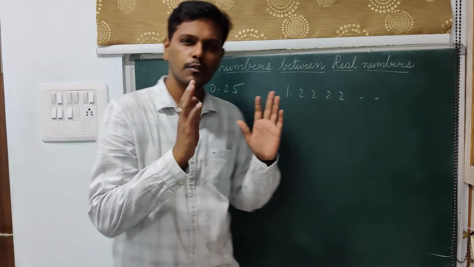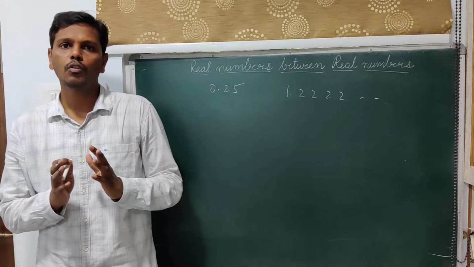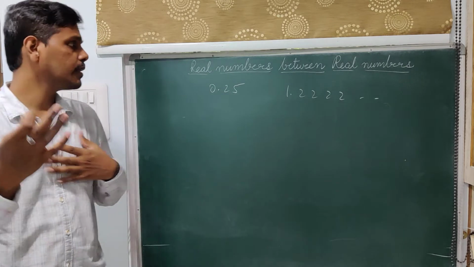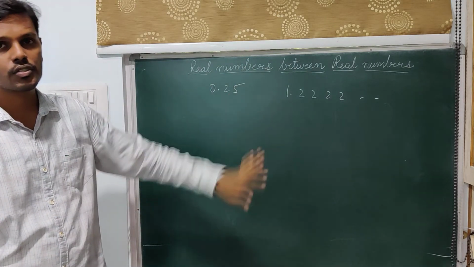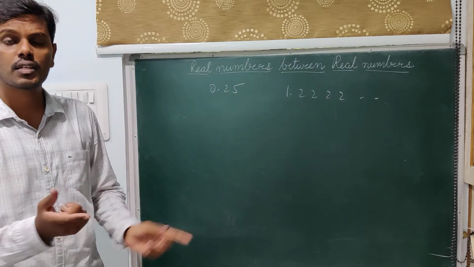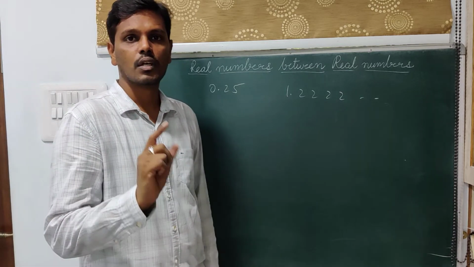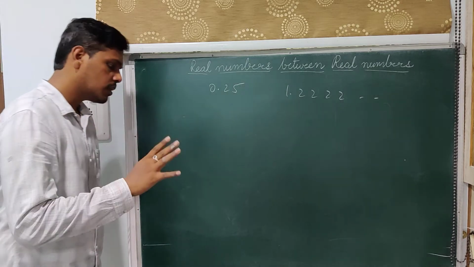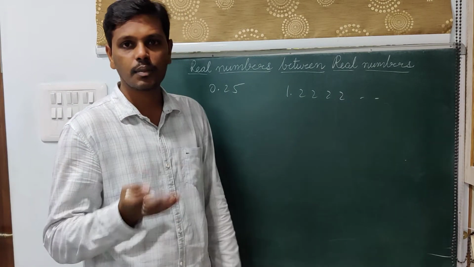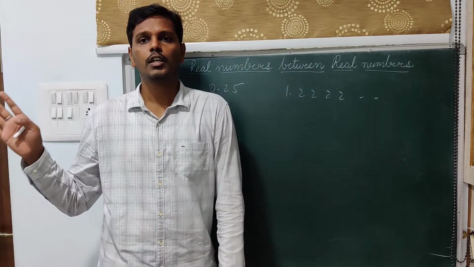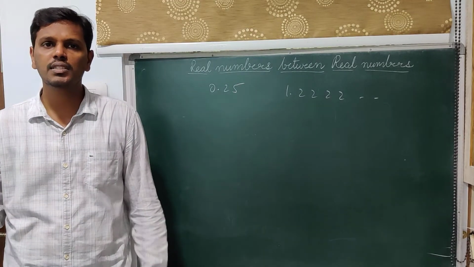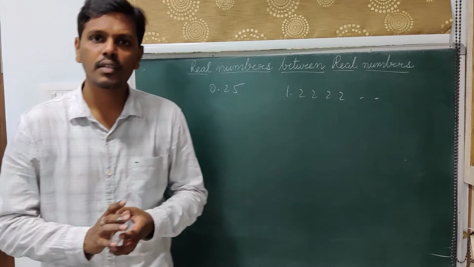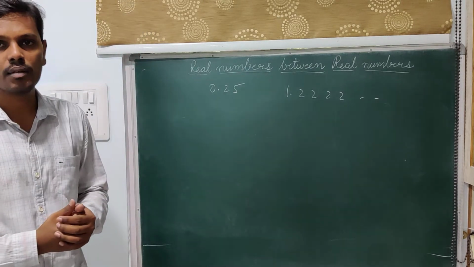So decimals give you a fair idea of how to find rationals between rationals and irrationals between irrationals, as well as rationals and irrationals between rationals and irrationals. If we have clarity of what are terminating and non-terminating repeating decimals, and what are non-terminating non-repeating decimals, you can easily find as many rationals or irrationals between any two given real numbers.